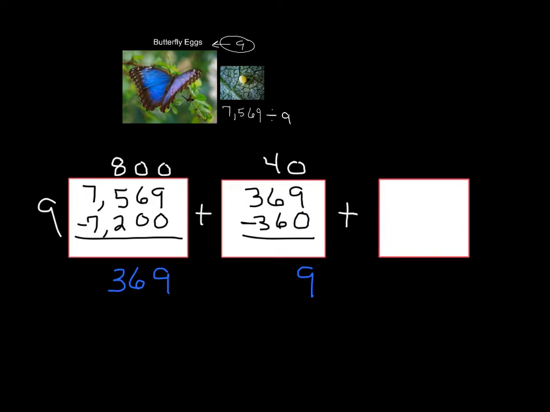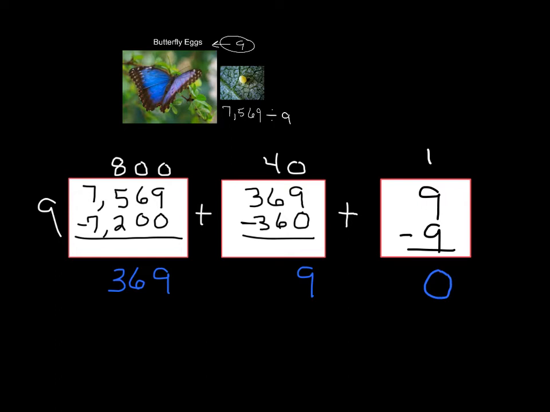And this time I'm going to plug in the 9 right here, and I'll just write the 9 right there. And now I happen to know that 9 times 1 will give me 9. That was a tough one, right? And so I'm going to just go 9 times 1 is 9, and I got that by 9 times 1 equals 9. And now I'm going to subtract that, and that's going to zero out.